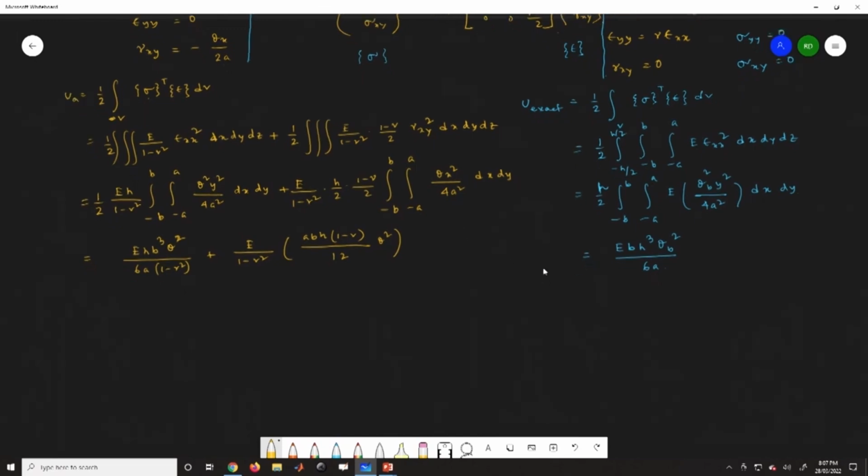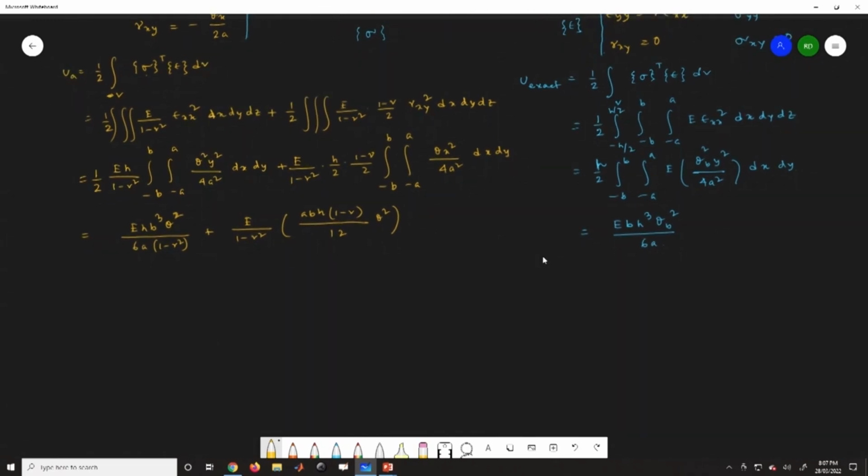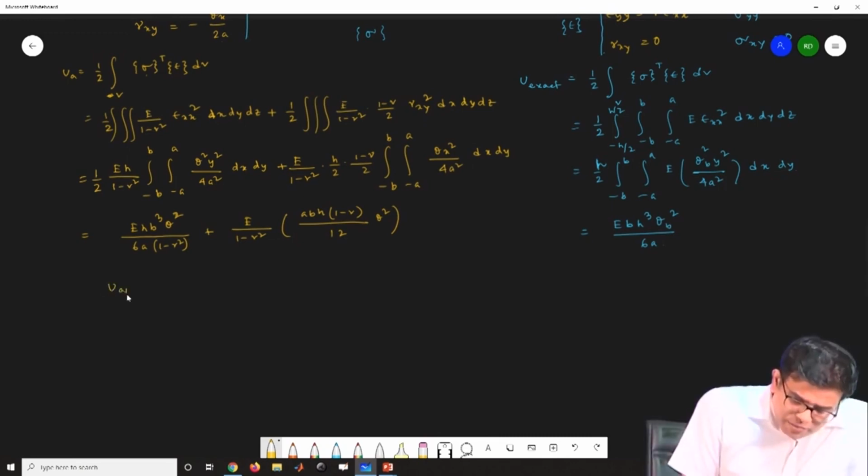Now if I compare these two strain energies, or if I exactly find out the ratio between U approximate, or the element, by U exact, what happens?